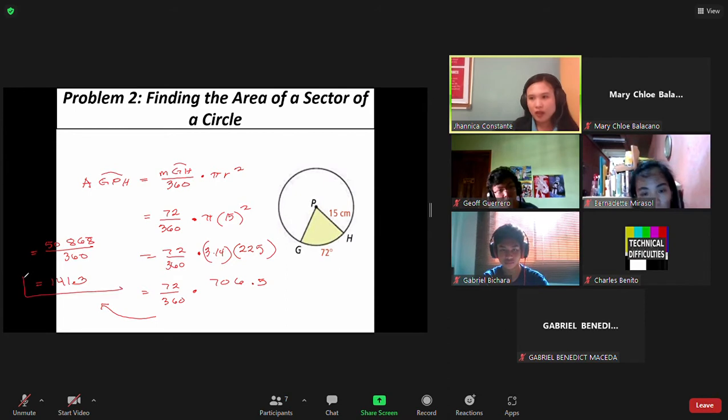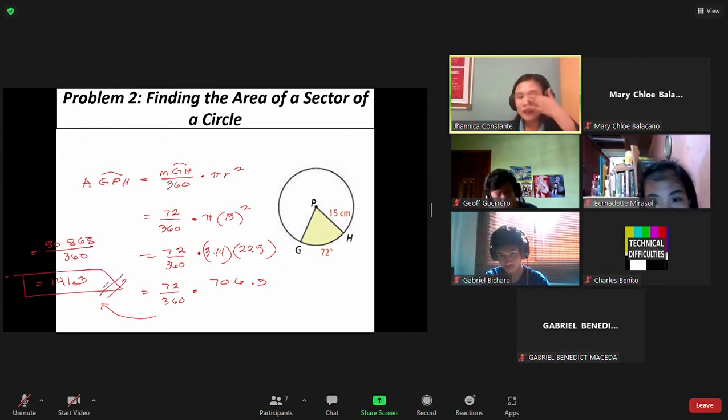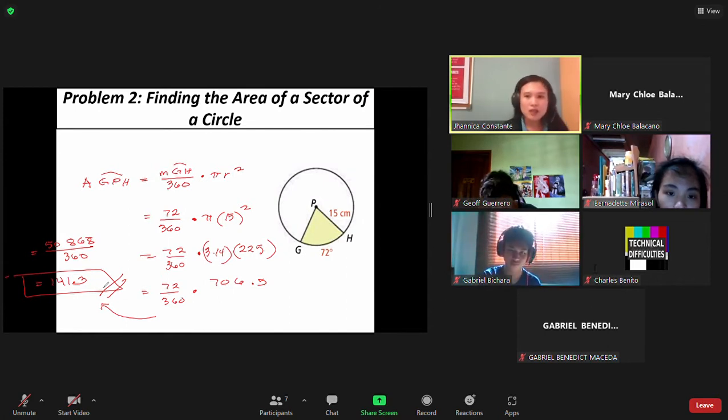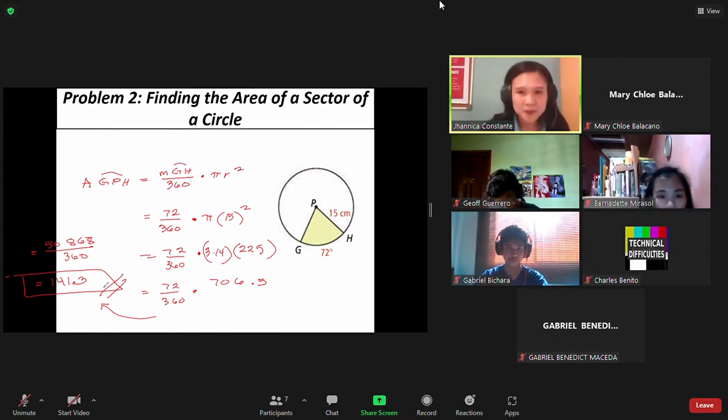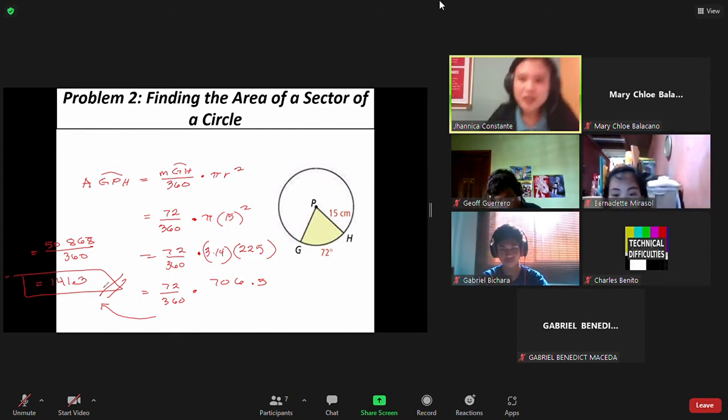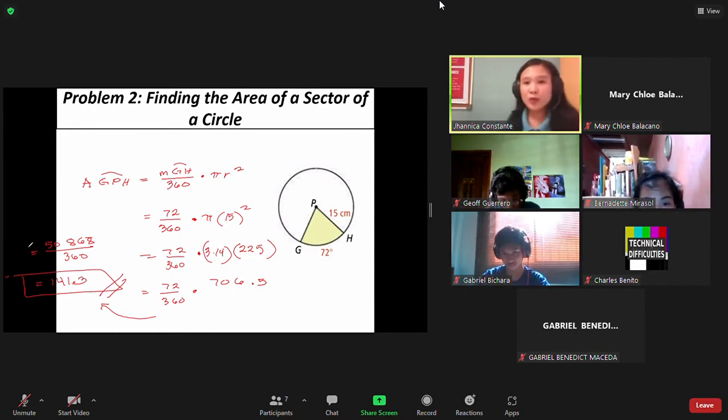So that's the area of our sector. It's easier to find the area of a sector if the measurement of the arc and the radius are given, because the other formula that we're going to solve is more on radians. The given measurement of the angle is in radian form.